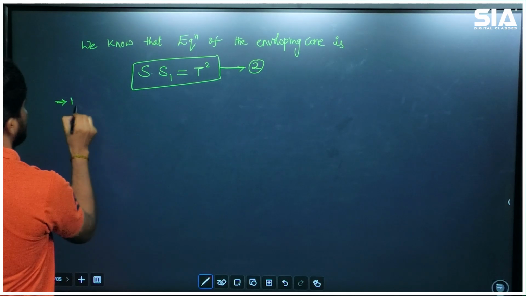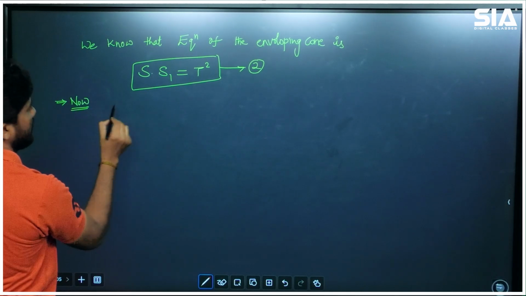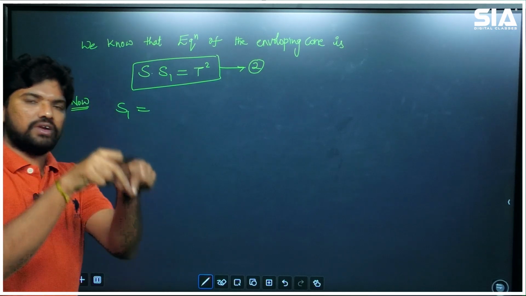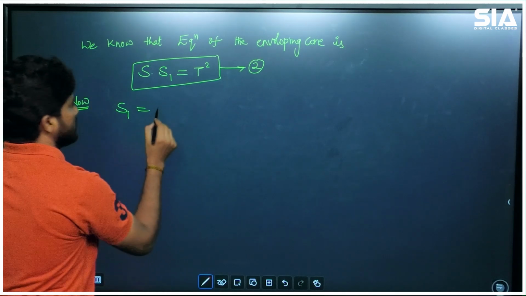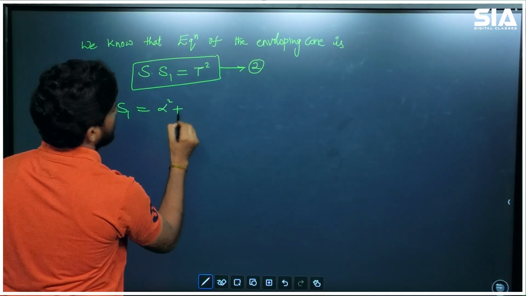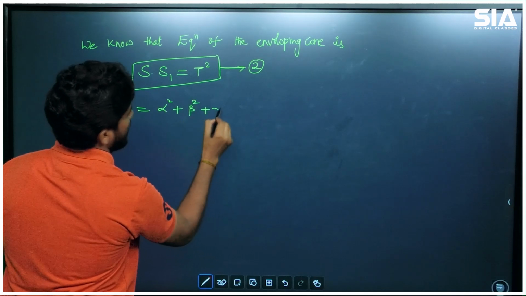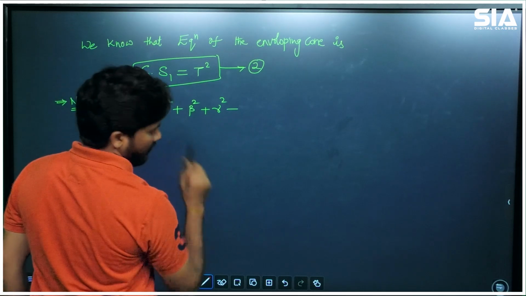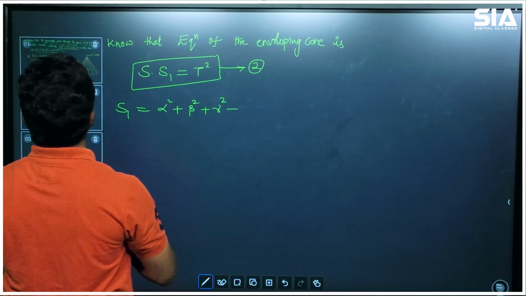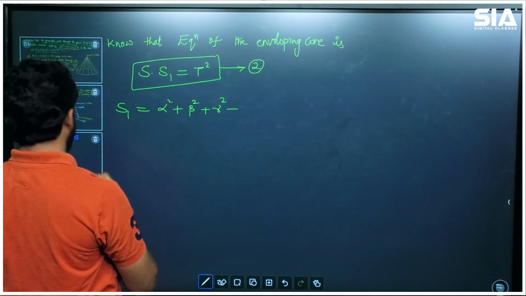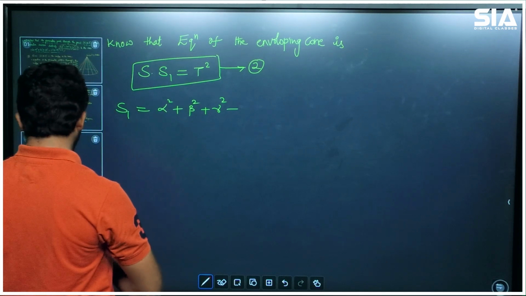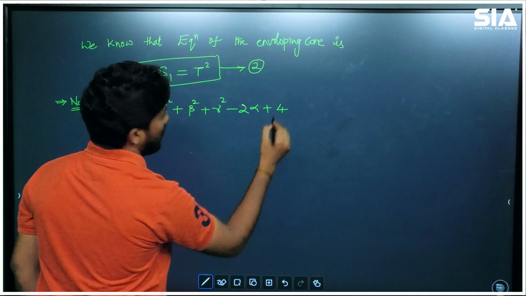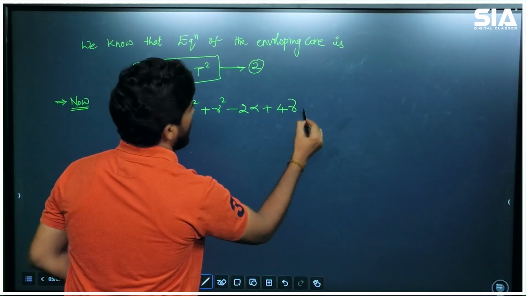Now I am finding S suffix 1. You know very well, substitute alpha, beta, gamma in place of x, y, z in the given equation. So alpha square plus beta square plus gamma square, minus 2x plus 4z, that is minus 2 alpha plus 4 gamma, minus 1.